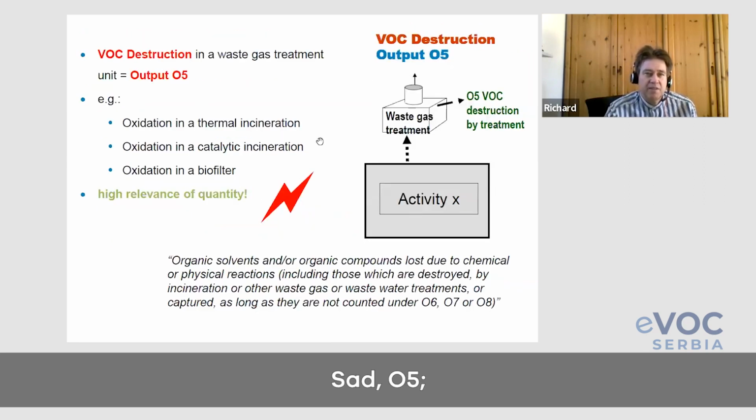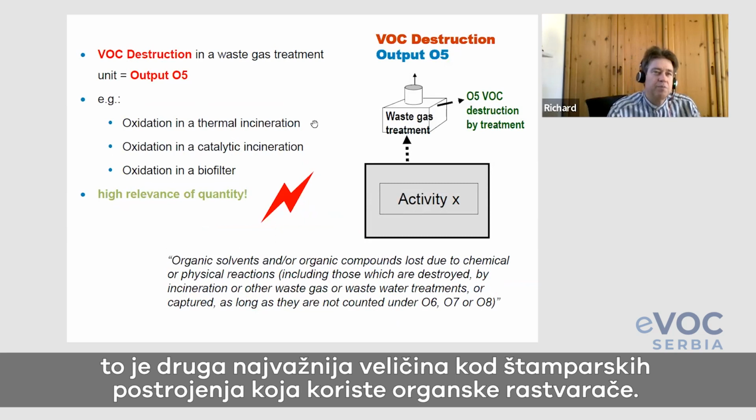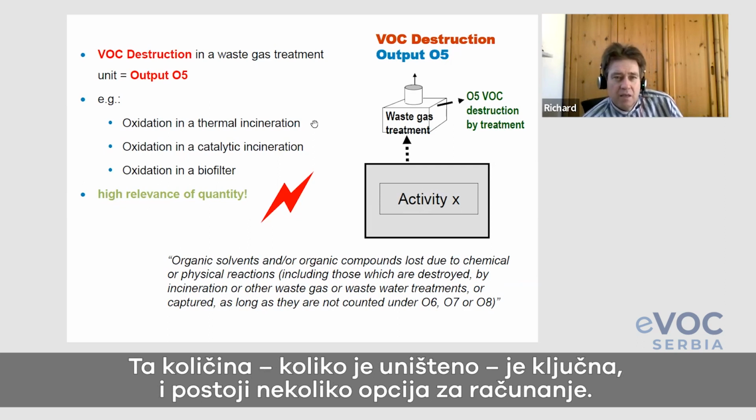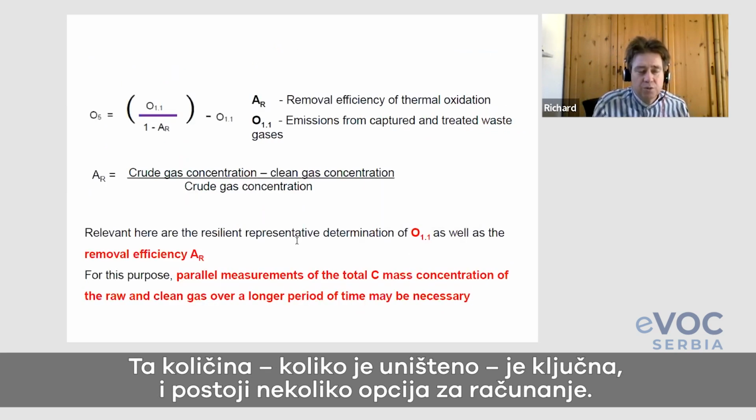Now, O5, that is the second most important quantity for printing installations if you use organic solvents. Here, that quantity, or how much is destroyed, is crucial, and there are different options to do it.